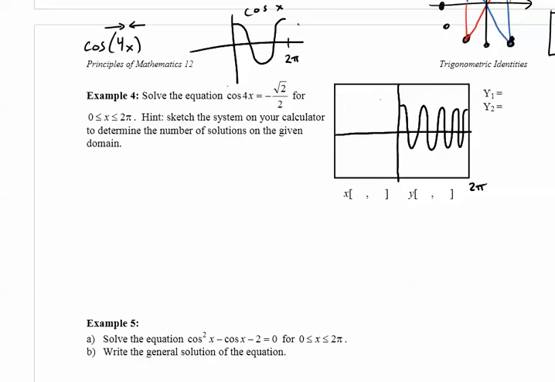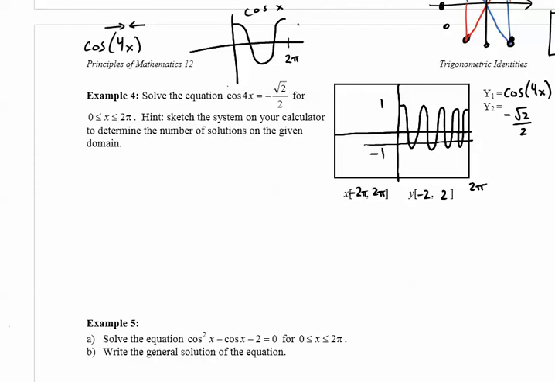And that goes from -1 up to 1. So I'm graphing cosine 4x from -2 pi to 2 pi, and maybe about -2 to 2 here. So now if I want to know, when is that equal to -√2 over 2? -√2 over 2 is somewhere around here.